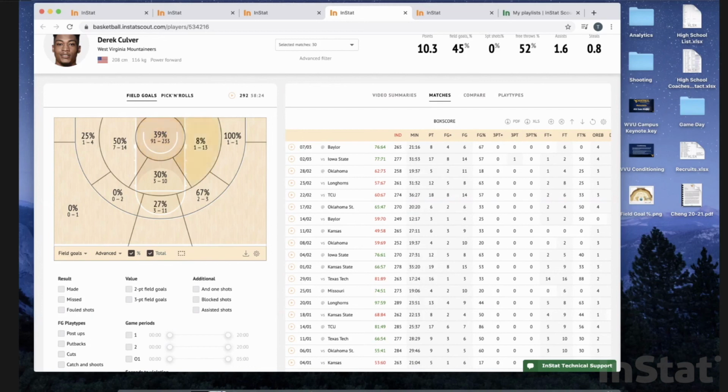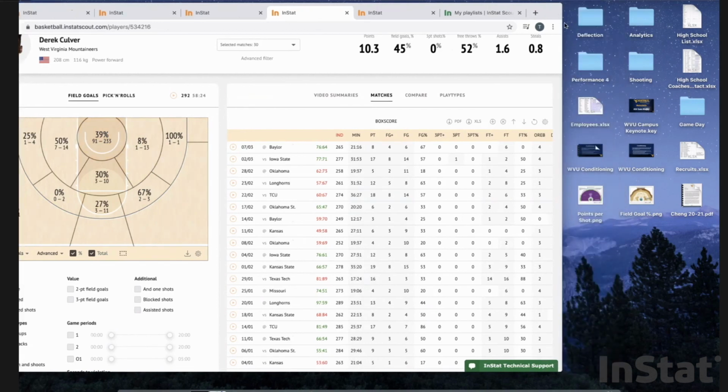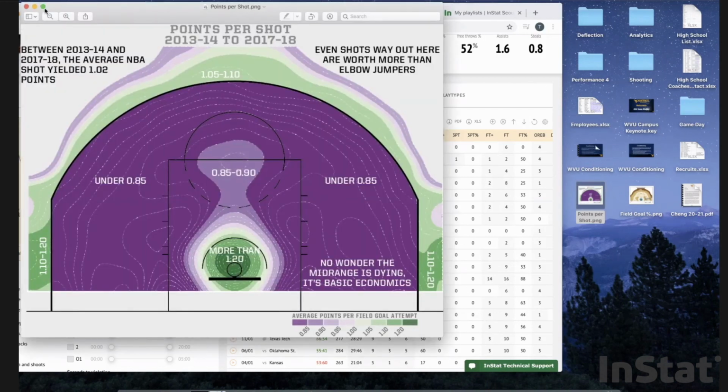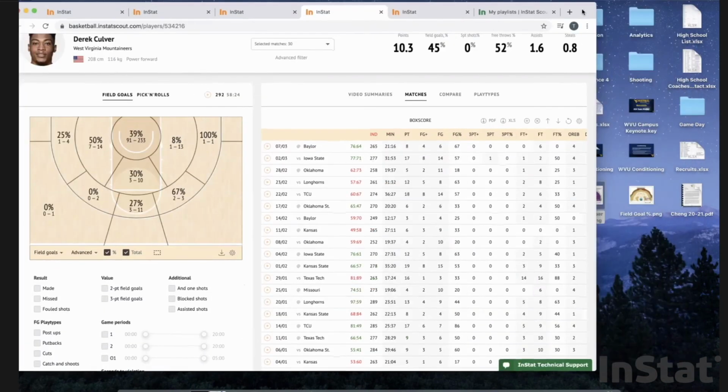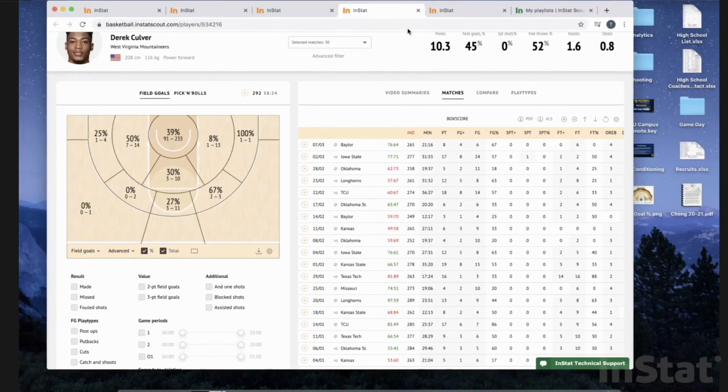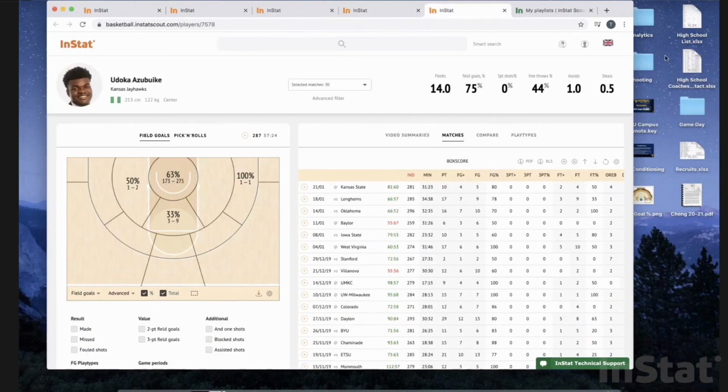When you look at the NBA, they're expecting about 1.2 points around the basket, and he's only, I think, at 0.78, which falls short when you compare that to someone like Azubuike, who was the standard of bigs in the Big 12 this past year. He's shooting 63%.